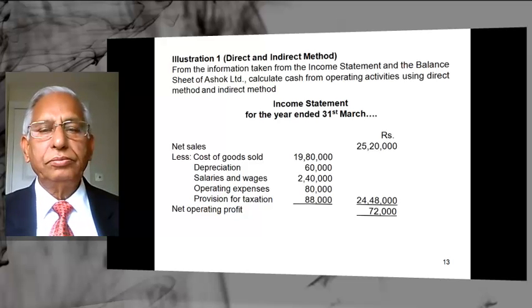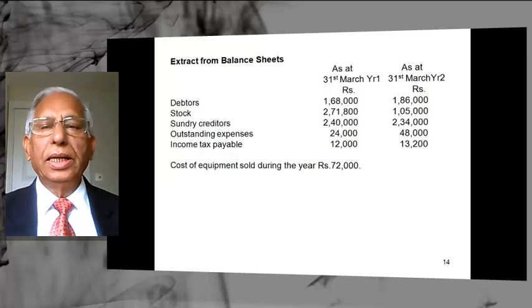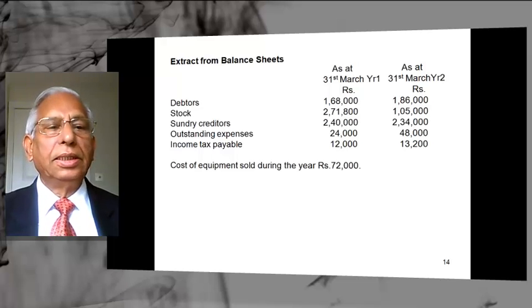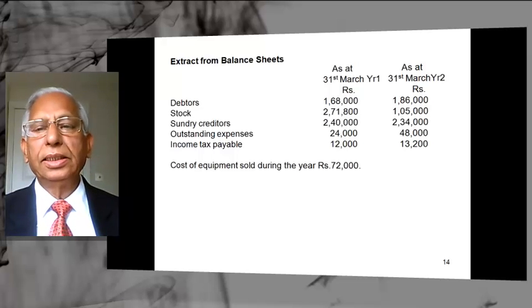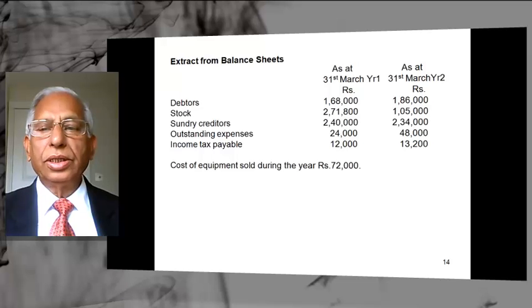Further, you get some items relating to the balance sheet. So this is the extract from the balance sheet for year 1 and for year 2. Now he has given you current assets and current liabilities which relate to debtors in the beginning and at the end, stock in the beginning and at the end, sundry creditors in the first year end and second year end.